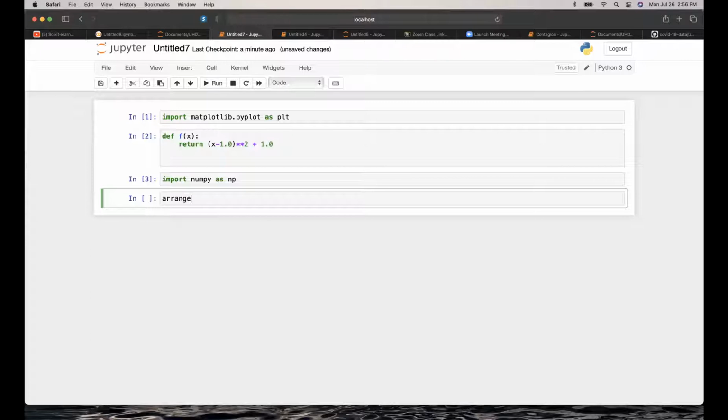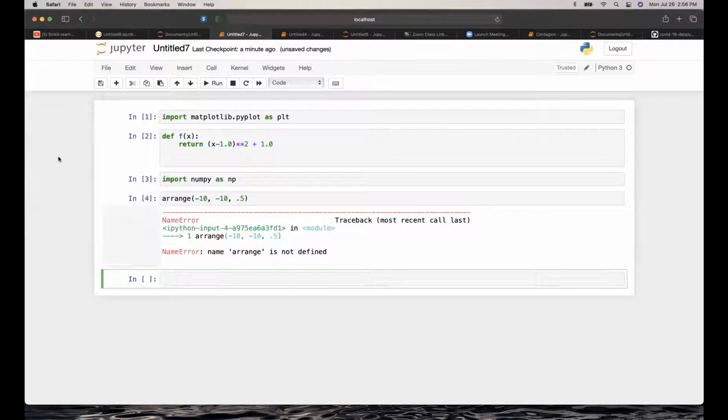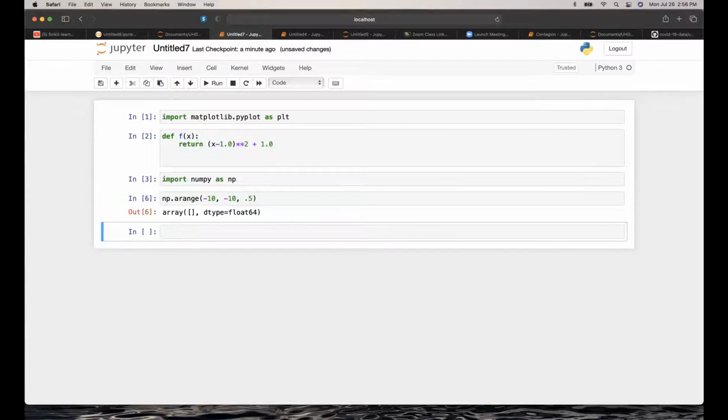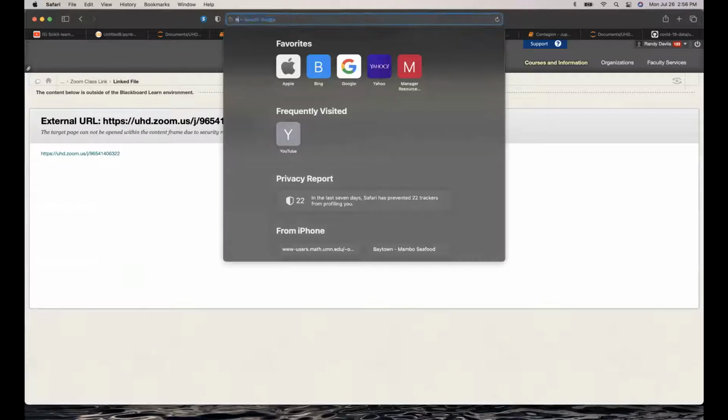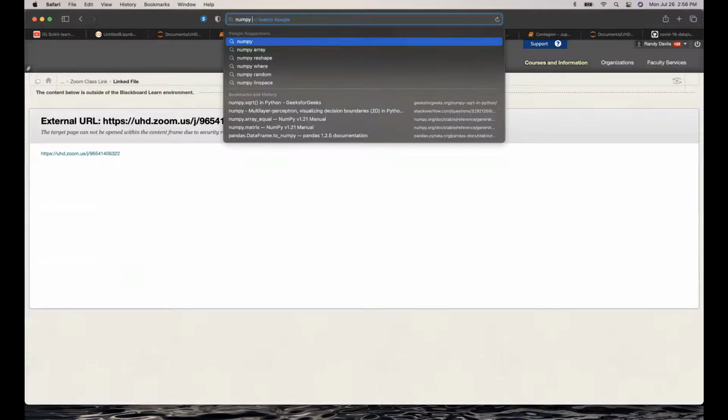Is it a range? np dot. Oh, where'd you go? Did it not fill anything? I just need to know what this function does. I always forget the names of these things.